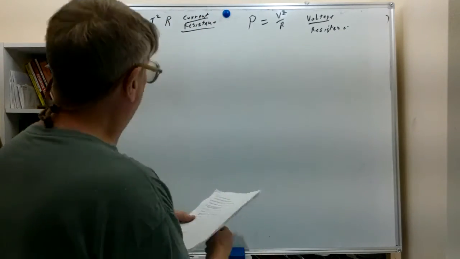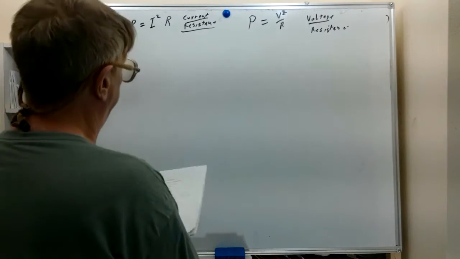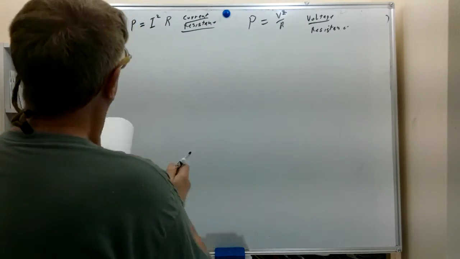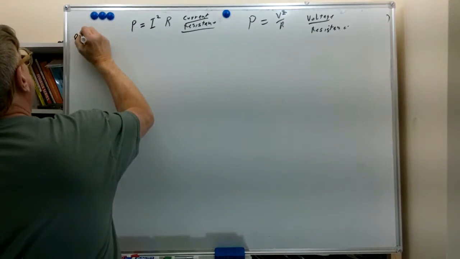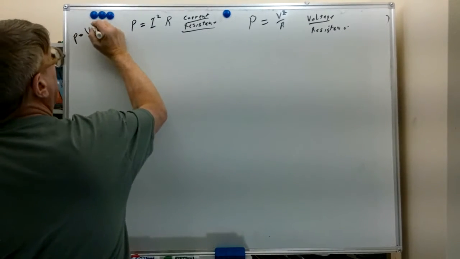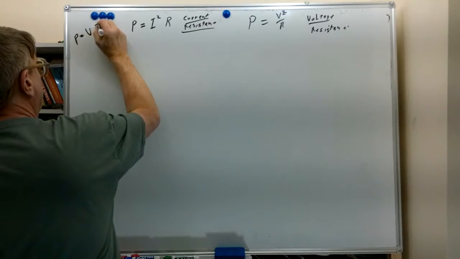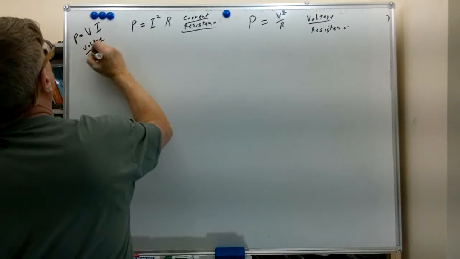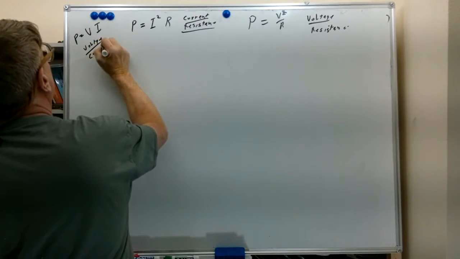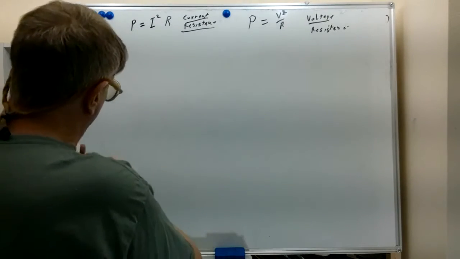Now we're going to draw a little circuit here. We're going to talk about it. So we actually have up here, I'm going to put this one here, power equals voltage times current. So here it's expressed in voltage and current. So we have three power formulas here.